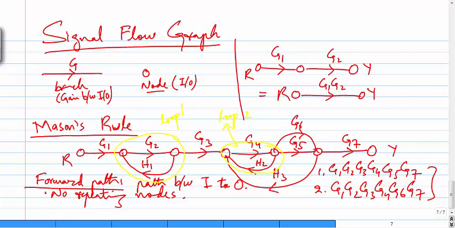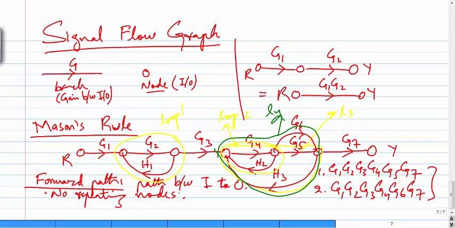Again there's another loop, loop 3. Again there's another loop, starting from here, going in this direction, and coming back. This is loop number 4. There is no other loop in the graph, so there are 4 loops. Loops are those paths where you start and come back to the same node.